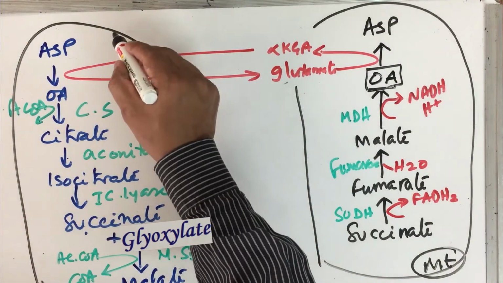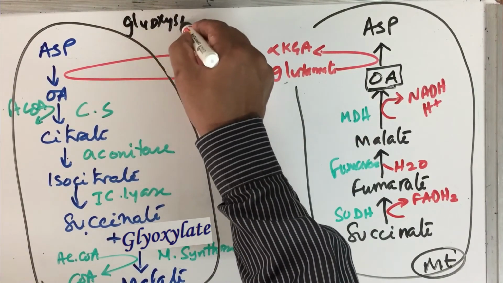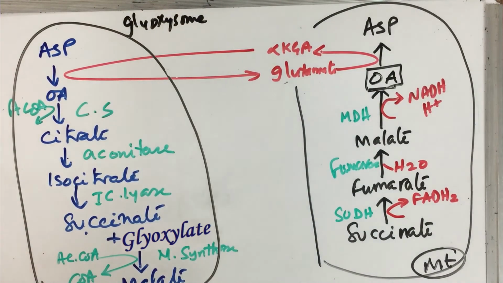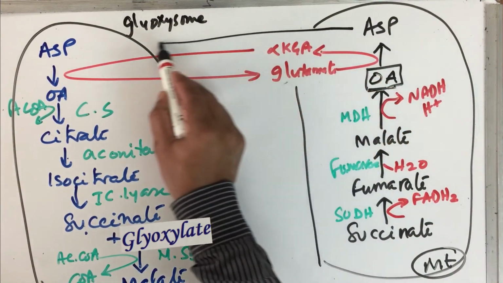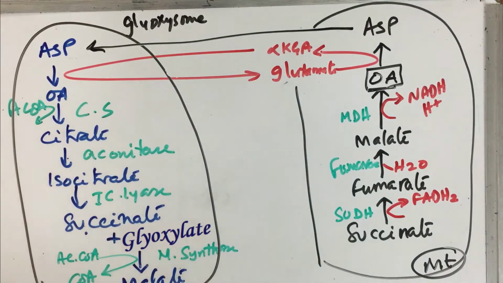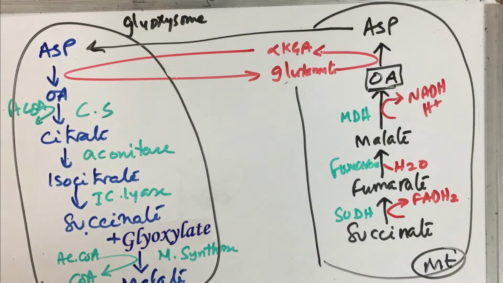This is the glyoxysome. Now this aspartate, which is formed in the mitochondria, has to be transported into the glyoxysome. Once this aspartate is in the glyoxysome, exactly the reverse reaction occurs, catalyzed by the same transaminase. It will convert aspartate into oxaloacetic acid. You see how oxaloacetic acid is made available in the glyoxysome.